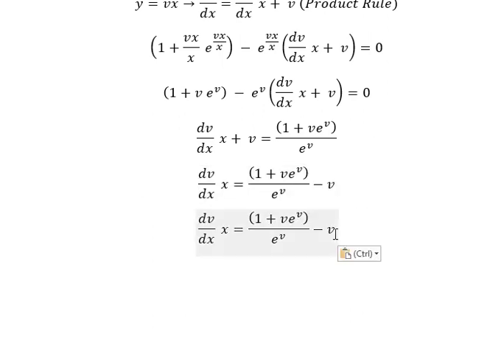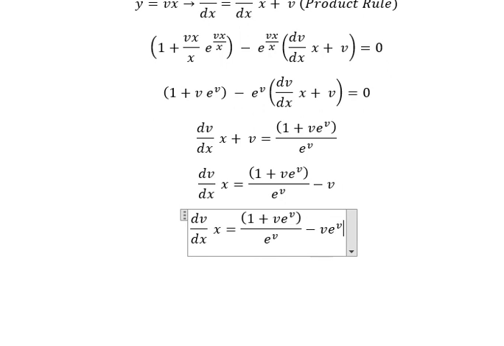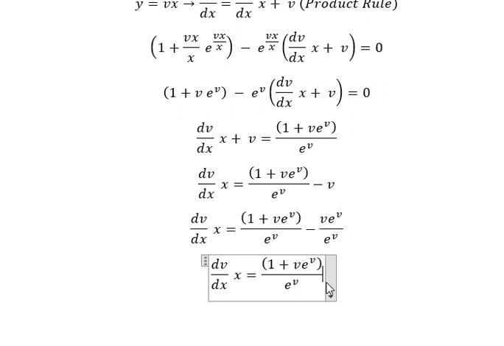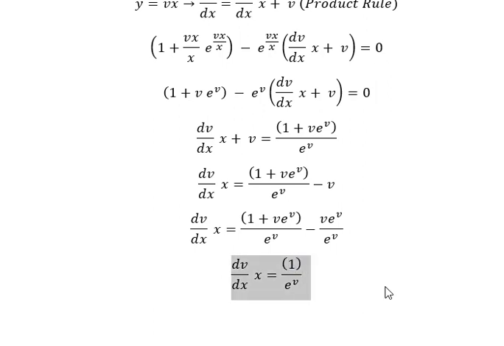And now we can do a common denominator. So this one minus this one, you get number 0. So e to the power of v goes to the left, the s and s go to the right.